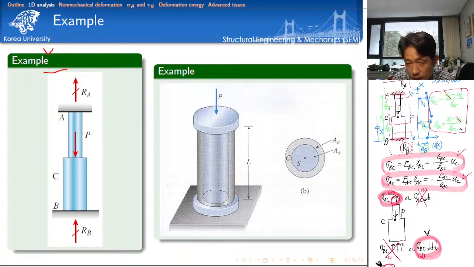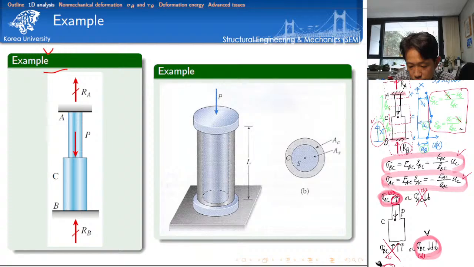So now let's talk about how we determine the reactions. Look at this. Since I'm using this coordinate system, I have to choose a default direction of my reaction, because this is upward positive. That's why I want to choose this as the direction of the reaction. So make sure that the reaction is unknown yet.